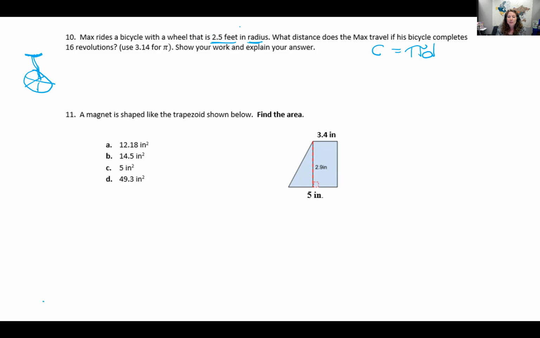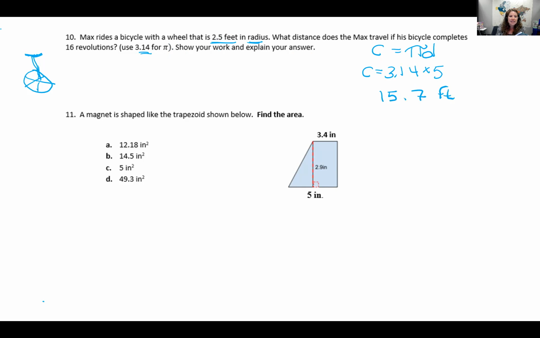What's the relationship between radius and diameter? The radius is half the diameter. So if the radius is 2.5, the diameter is 5. We replace pi with 3.14 and multiply 3.14 times 5. Using the calculator, that's 15.5. So 1 revolution would be 15.5 feet.